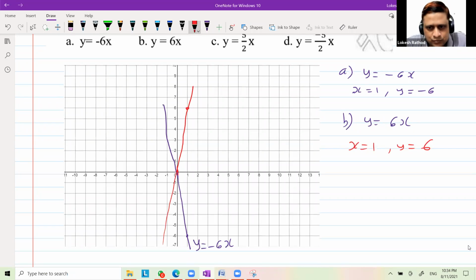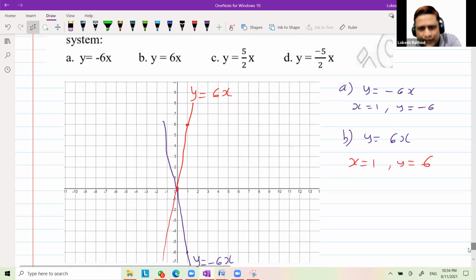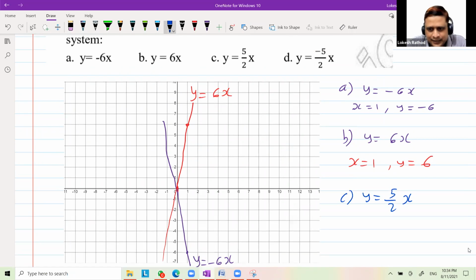So this is y equal to 6x. Okay. Then I have y equal to pi over 2x. See. So again, it passes through origin. And if x is 1, or rather I can say x is 2 to remove fraction.